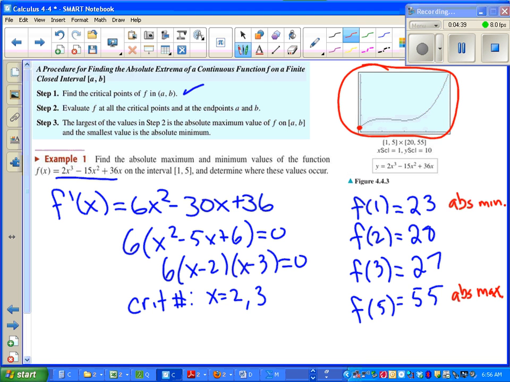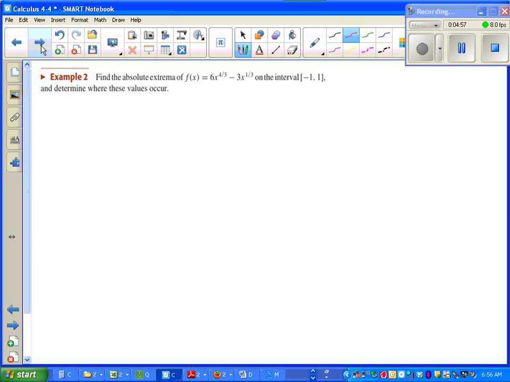You can see that absolute minimum at 1, 23, and the maximum at 5, 55. The other two values, 28 and 27, ended up being places where the slope was 0, but it didn't happen to be the absolute max or absolute min.